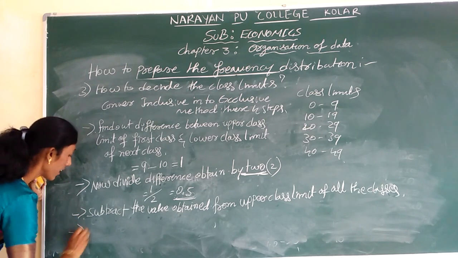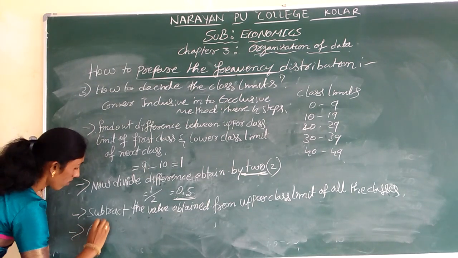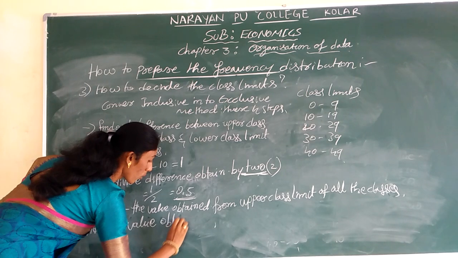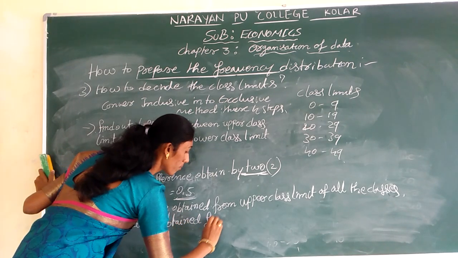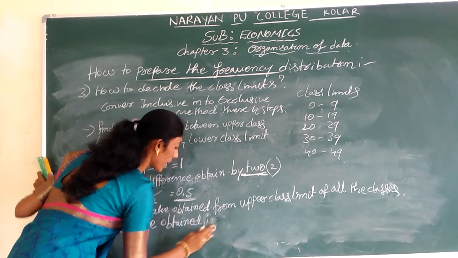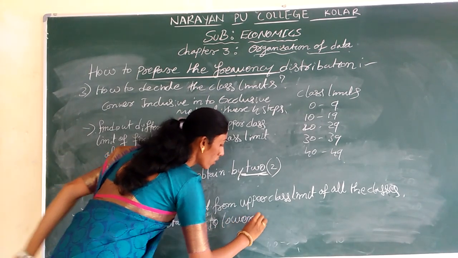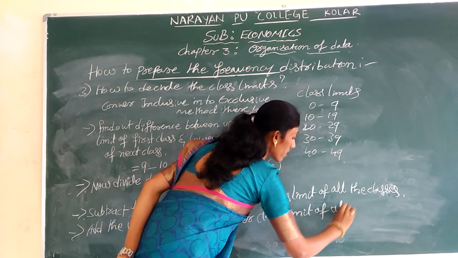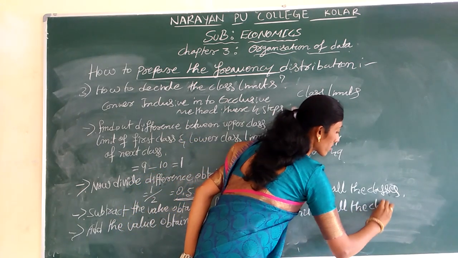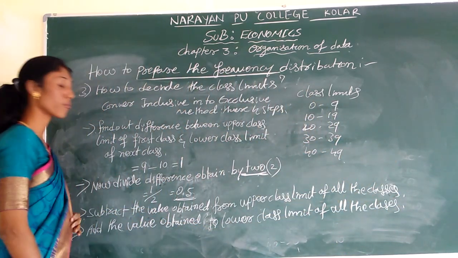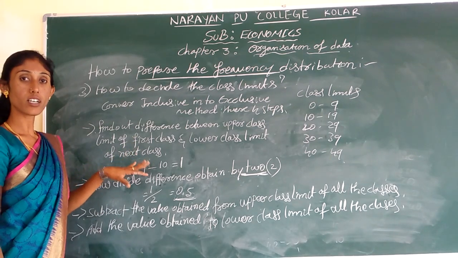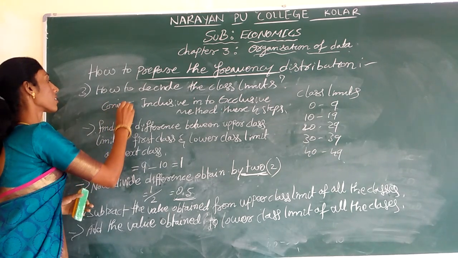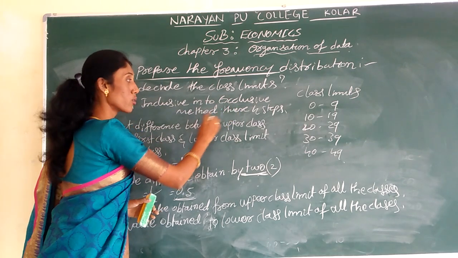And next, add the value of time from the second step to the lower class limits of all the classes. These are the 4 main steps in order to adjust the class interval, or to convert inclusive into an exclusive method.